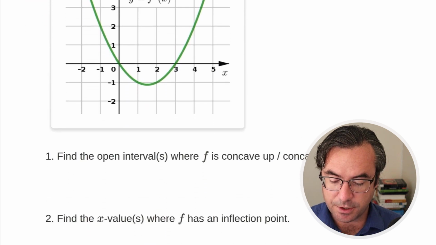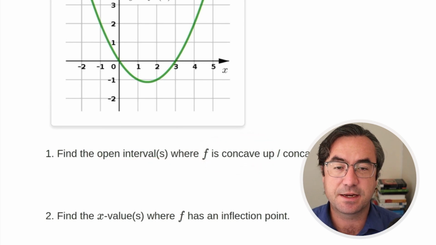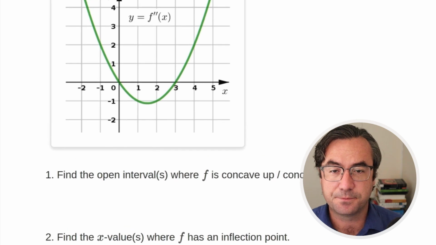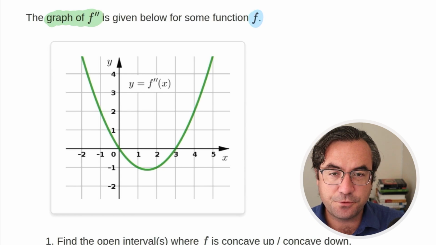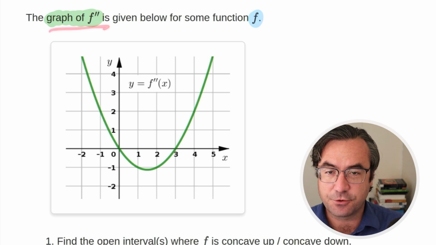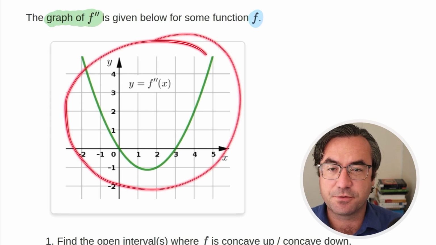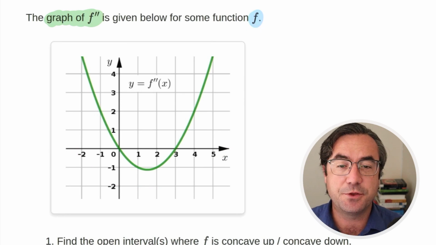And let's see what we're going to try to do. Well, we want to find the open intervals where the original function f is concave up and concave down. So again, there's two functions at work here. We have f double prime, the second derivative, and that's where we have all this information. That's what this graph is. We're trying to recover information about the original function.